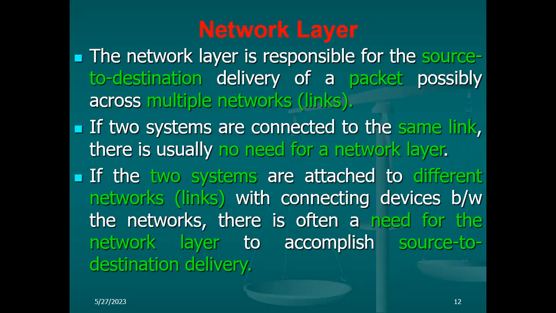Then the packet will be transmitted to the data link layer at the sender side. At the receiver side, the network layer receives the data in the form of frames from the data link layer and converts the frames into packets. So converting the data into packets is the main task of the network layer. And it is responsible for source to destination delivery of the packet.